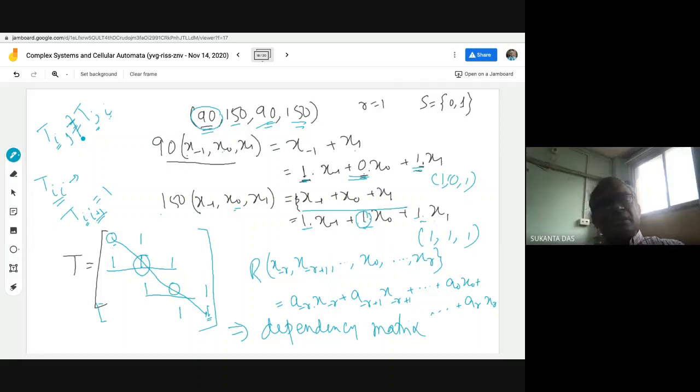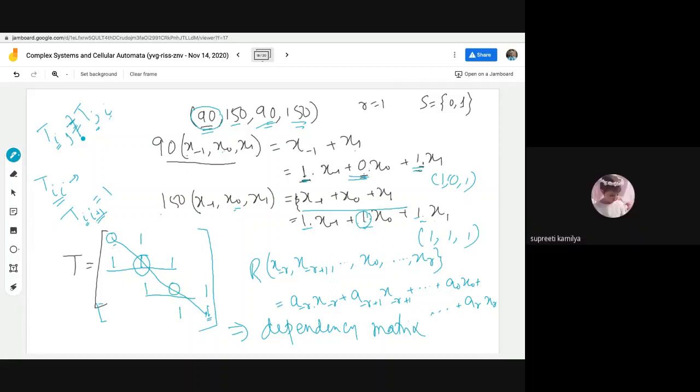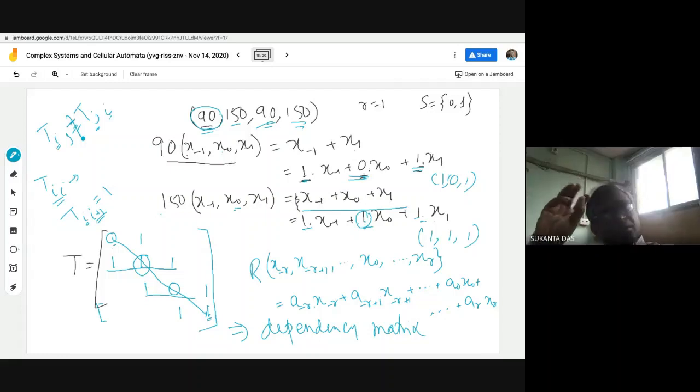No, this matrix can generate all the elements of the vector space. This matrix can generate the vector space.